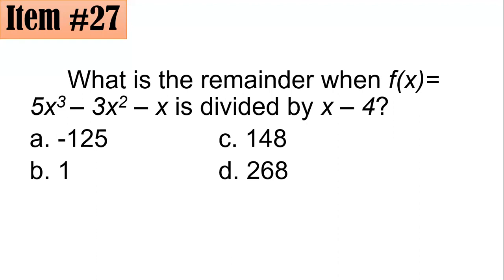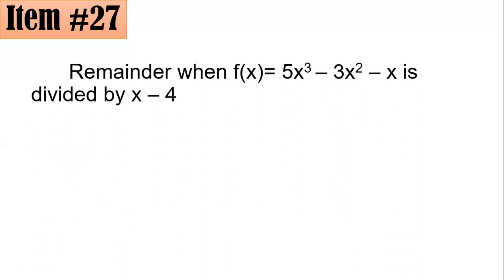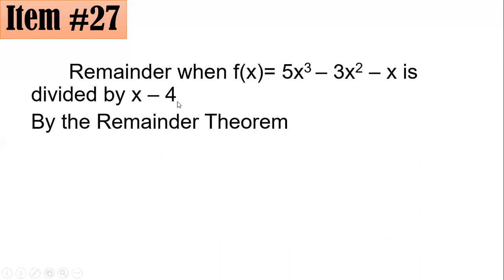The remainder theorem states that if you divide this polynomial by a linear binomial divisor, all you have to do is equate the linear binomial divisor to 0. So x minus 4 equals 0. That gives us the value of x, which is 4. And what will you do? You will evaluate this function here when x is 4. So we will be solving for f, replacing all x here with 4.